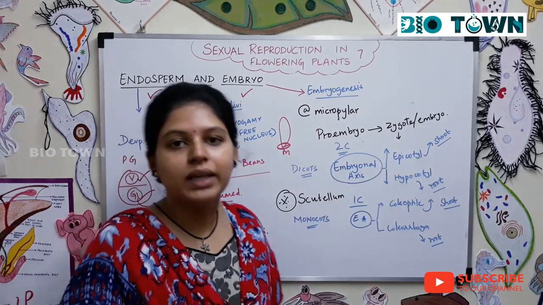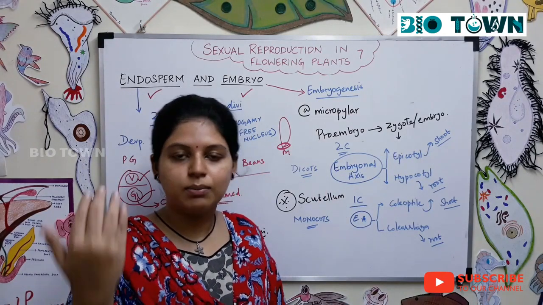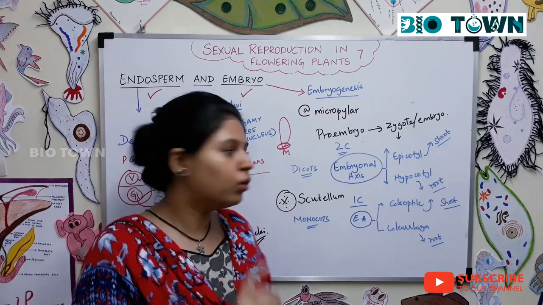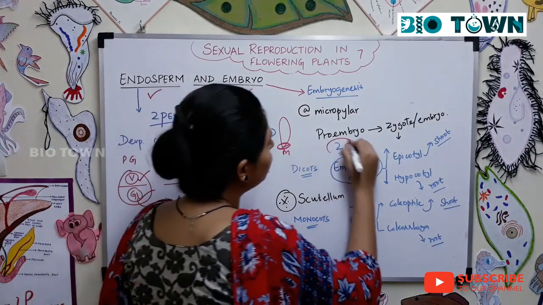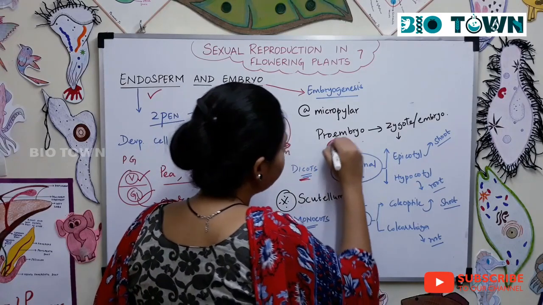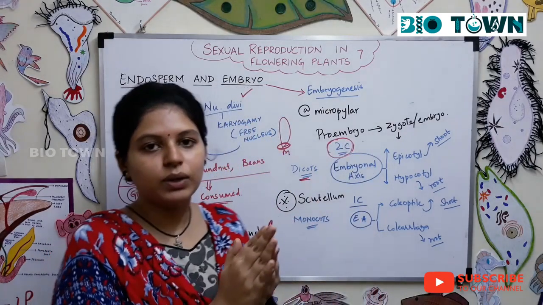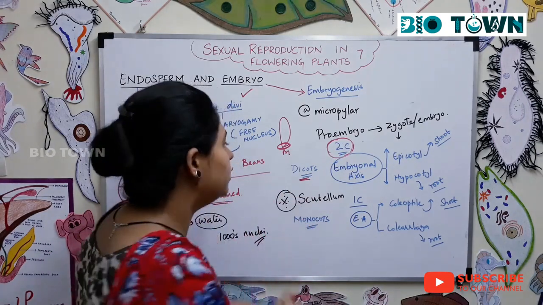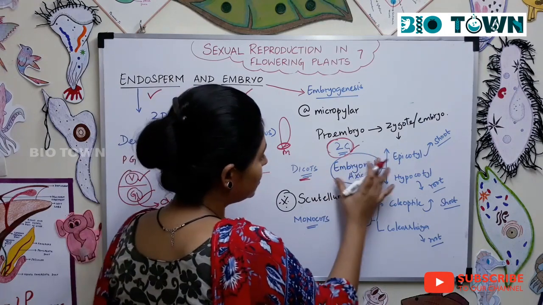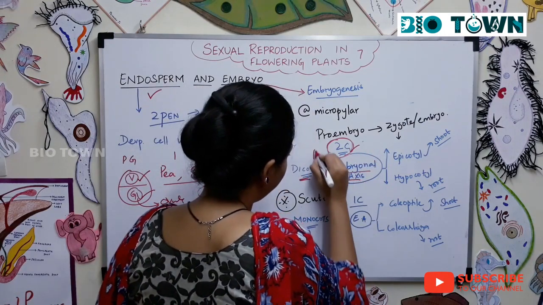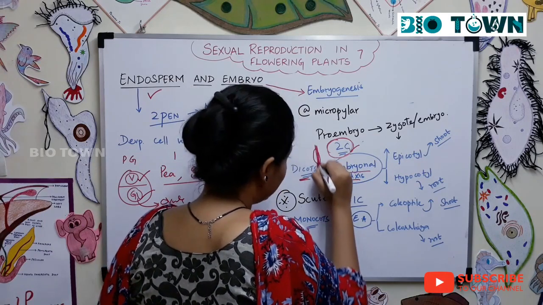Now we'll talk about the embryo of two different plants, the monocotyledonous plants and the dicotyledonous plants. In dicots, you have two cotyledons, which means that you can split the cotyledons into two equal halves. In such cases, the important part of an embryo is the embryonal axis.